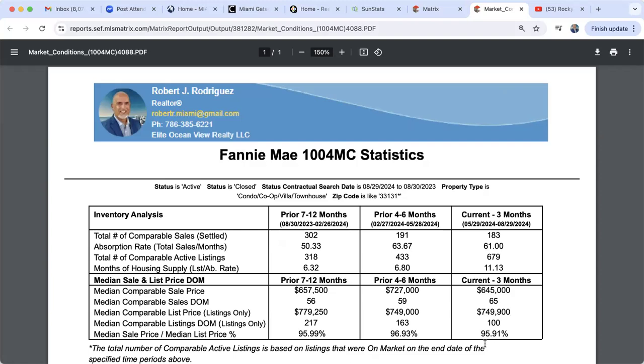All right. And then in Brickell, we're selling at 95.9% of the original price. What does that mean? That means that buyers are purchasing the properties at 4% off of the asking price. All right. So about a 4% discount from that asking price. And that's your Brickell market.